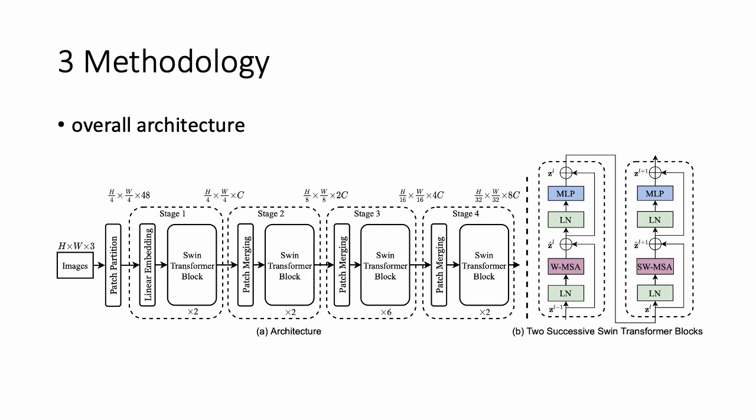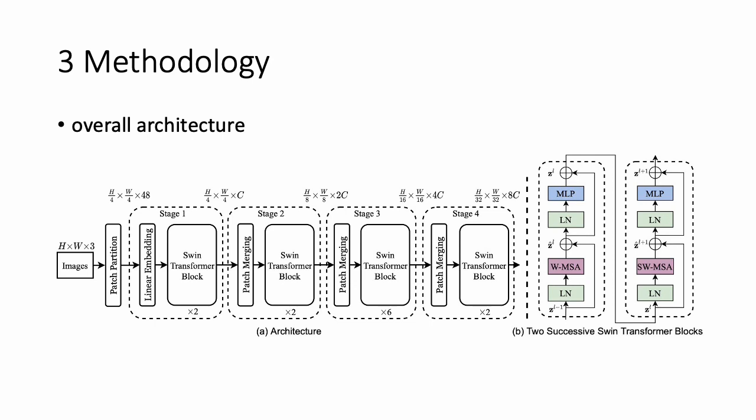To be more specific, we will sample one data point in every 2 data points. This operation reduces the number of tokens, and the output dimension is set to 2C. Then, several Swin transformer blocks are applied for feature transformation. This first block of patch merging and feature transformation is denoted as stage 2.